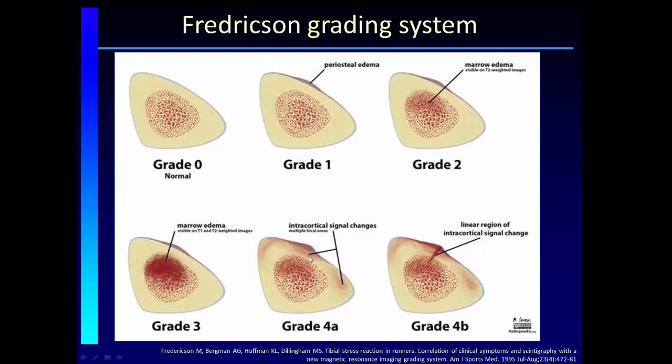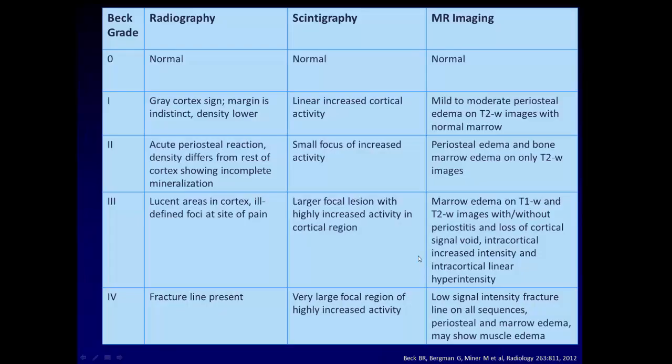With more advanced disease, you will see changes in the cortex, taking the form of lucencies, resorption cavities, and intracortical signal changes. This is the Fredrickson grading system. It's got 2 grades for grade 4, one for lucencies and one for frank cracks. A variation of it that's frequently used in radiology is the Beck classification.